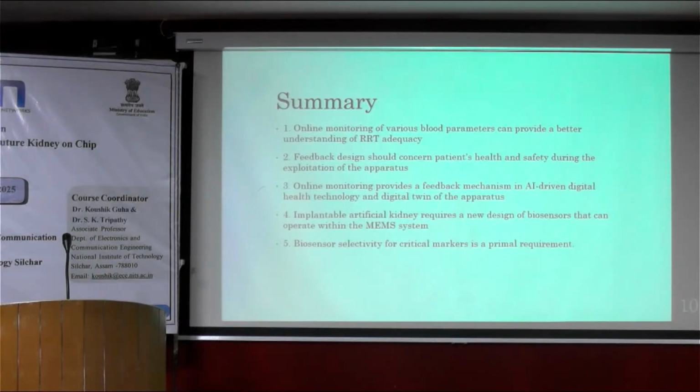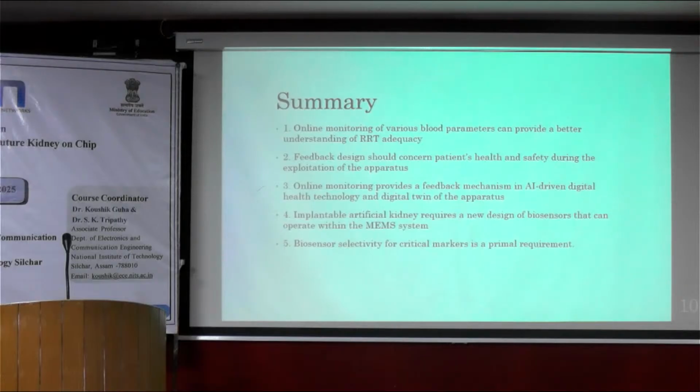So we need to monitor the patient's parameters like the heart rate, and we need to establish the correlation between the heart rate and the ultrafiltration flow that we create within the microfluidic system. And we need to establish how the processes that take place within the microchip will affect the same parameter.